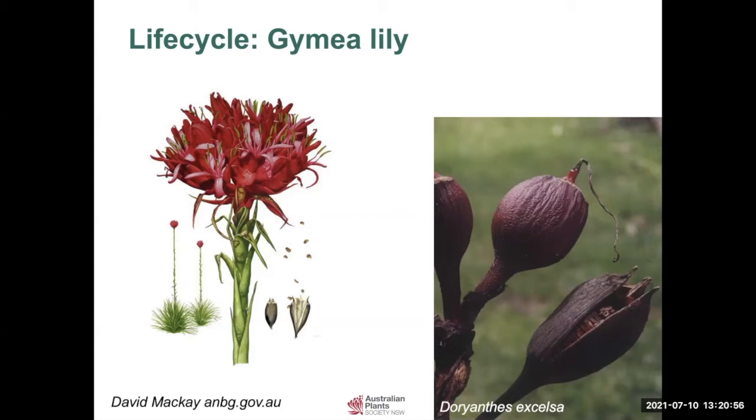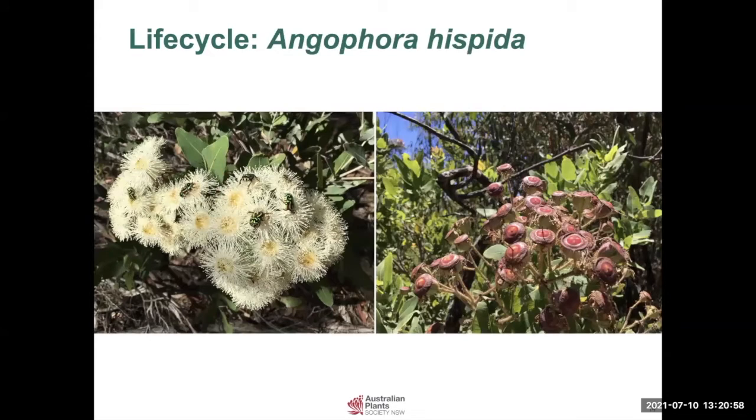Okay, moving on to another local plant that's very showy. So we've got our Angophora hispida, and certainly when that's in flower, it's very spectacular. But if you look at the next stage after that flower has started to die, on the right, you can see it looks almost as spectacular because you really get that lovely red colour as the flowers are starting to die off and the plant's moving into that next phase of producing the woody fruit.